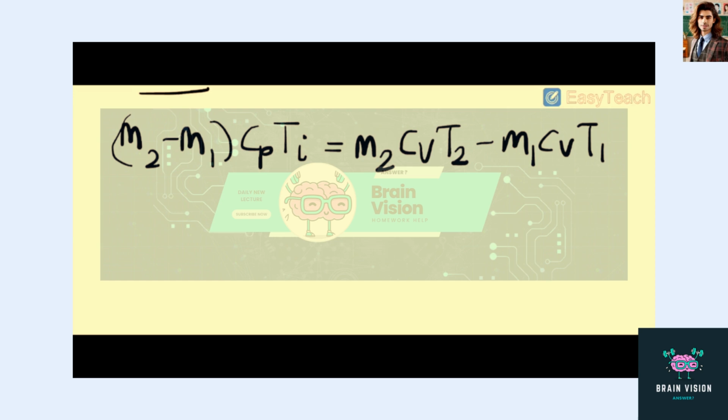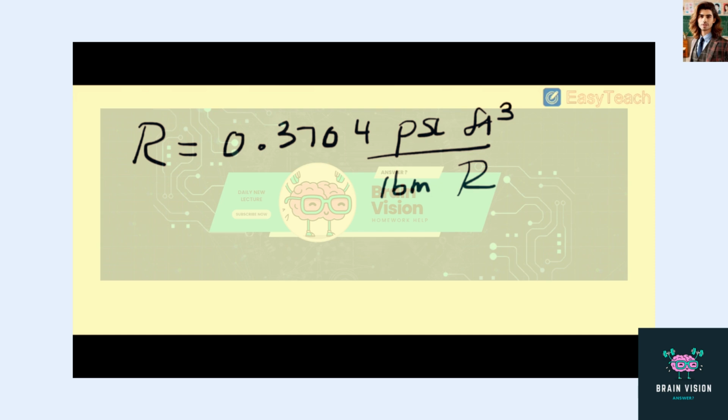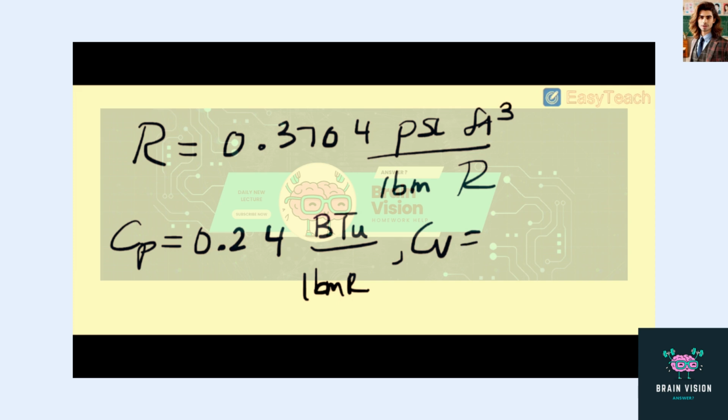From the tables, the gas constant of air is R equal to 0.3704 psi feet cubed over pound mass R. And the specific heats from the same table are Cp equal to 0.24 BTU over pound mass R, and Cv equal to 0.171 BTU over pound mass R, where that R is the temperature in Rankine.